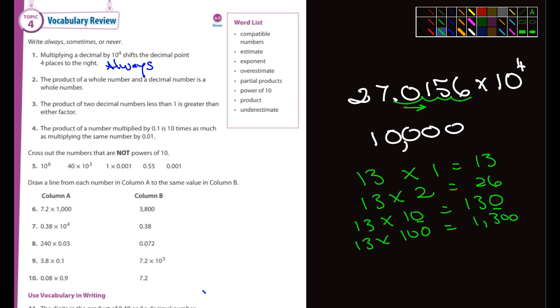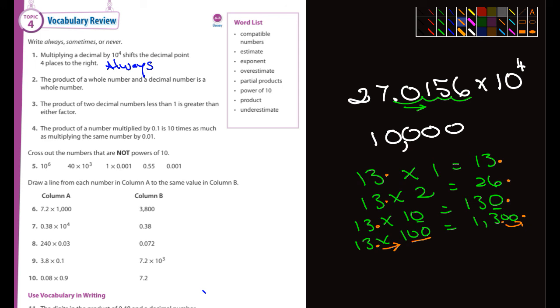Where's the decimal in all these? Look, the decimals in all these. Here's the decimal. Here's the decimal. Where is it in 13? It's right here. Okay. Where's the decimal going? In 13, it's going to the right. All right, here it is. It went 2 places to the right because we were multiplying by 100.